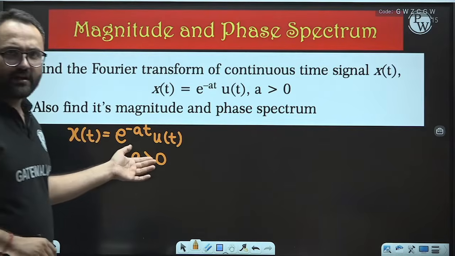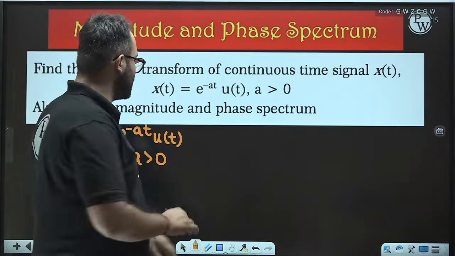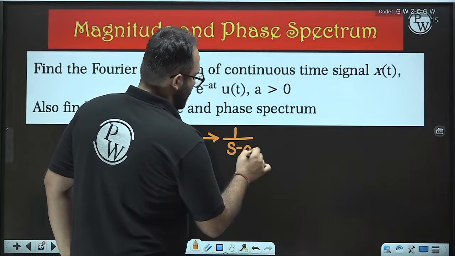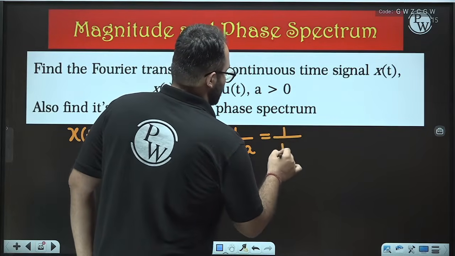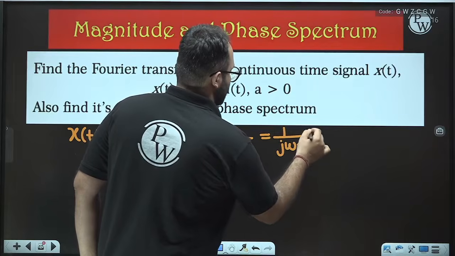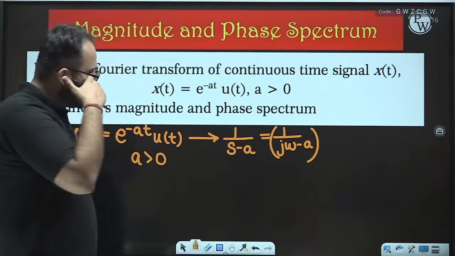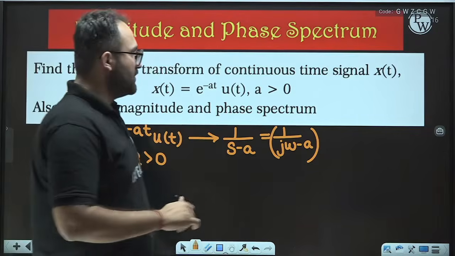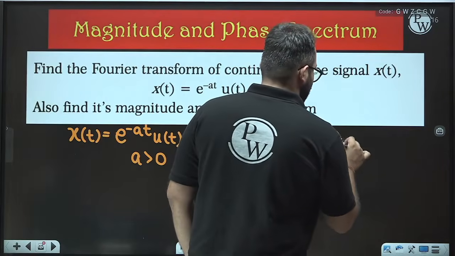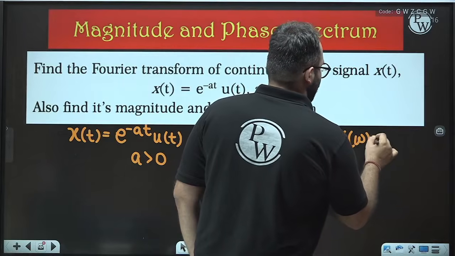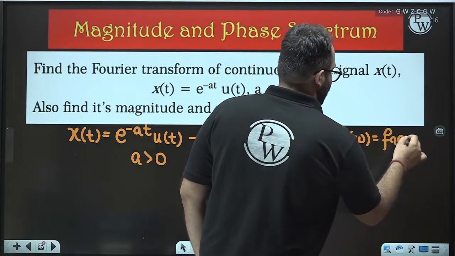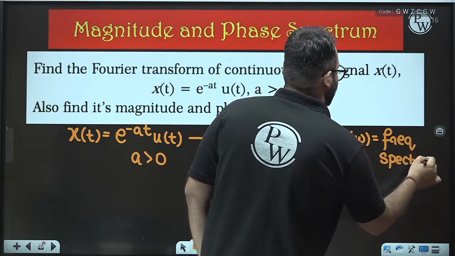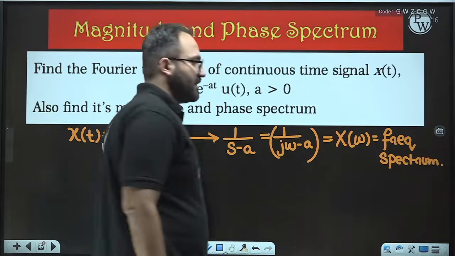So this is a decaying signal, absolutely integrable signal. The Fourier transform will be 1 upon j omega minus a. So this is your x omega, and this x omega is called the frequency spectrum of the signal.